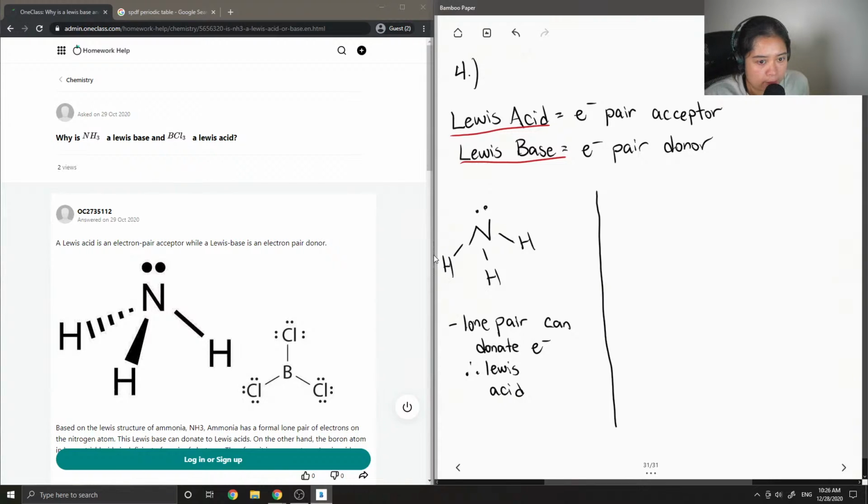Now let's look at the boron trichloride. So boron is attached to 3 chlorine groups.